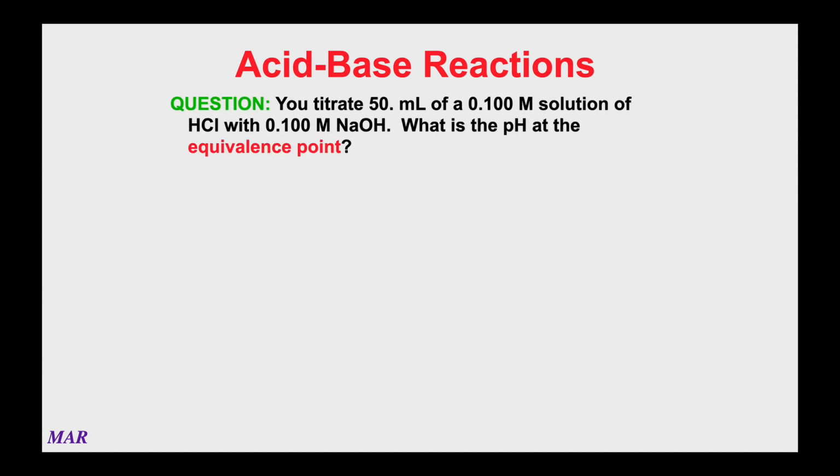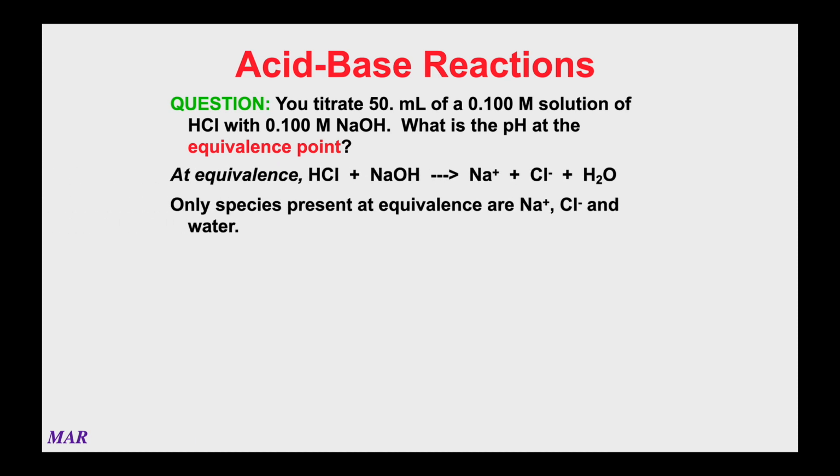The next question says, what's the pH at the equivalence point? So equivalence means that moles of acid equal moles of base. The two things you're looking at are the same value. At equivalence, HCl and NaOH are equal moles. They've knocked each other out. And in the process, they make water, a lot of energy, but they also make sodium ions and chloride ions.